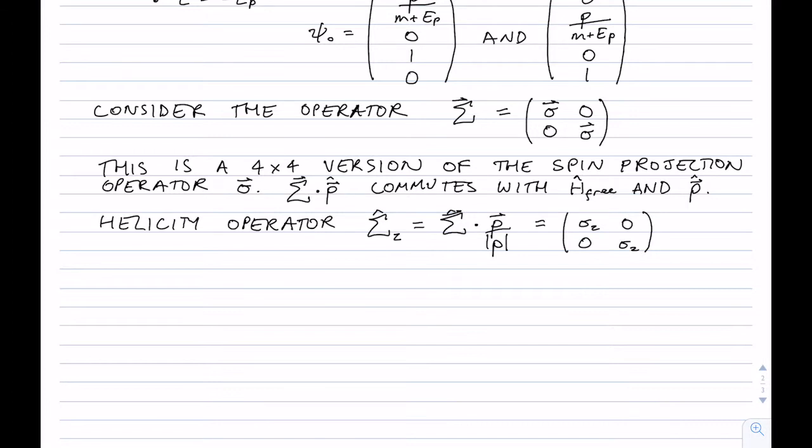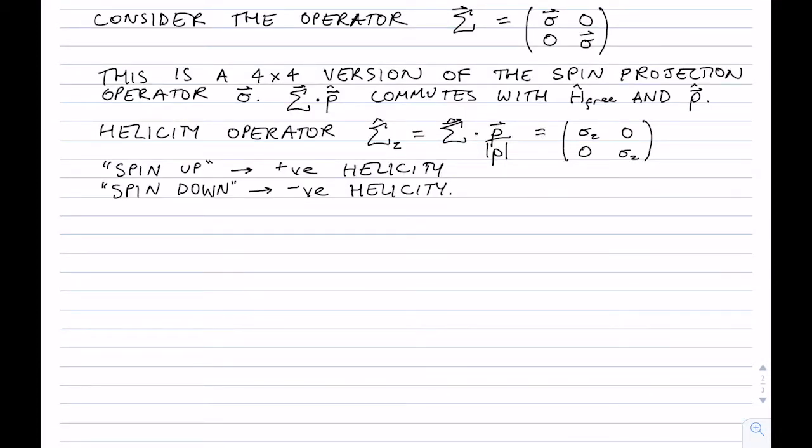So for states which are spin up, that's going to correspond to positive helicity. So this operator will project out the spin from our wave functions. And because we've chosen z to be in the direction of the momentum, if the spin is aligned with the momentum, that's called positive helicity.